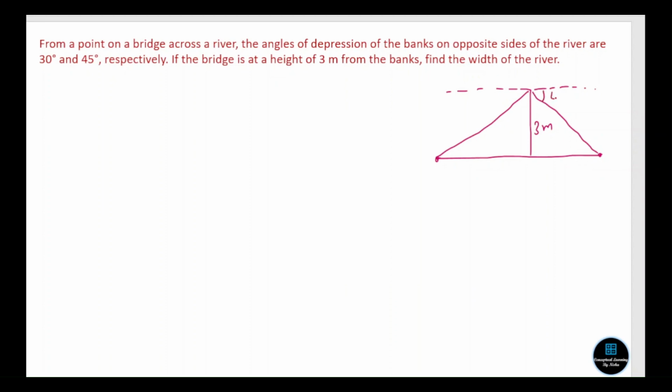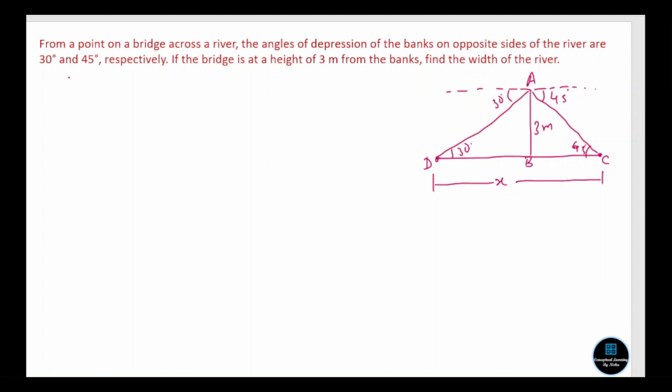So bigger angle I'll take here, 45 degree. Okay, and 30 degree. Alright. Now we have to find this total length. Let's say this total length is x. Alright, so let's label this. A, B is the height of the bridge. C and D are the banks of the river.